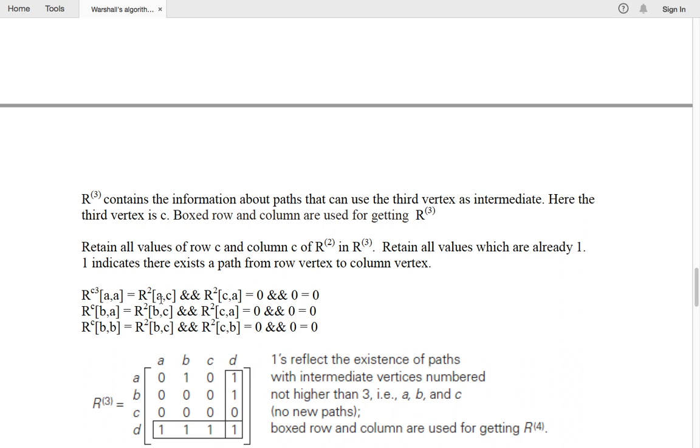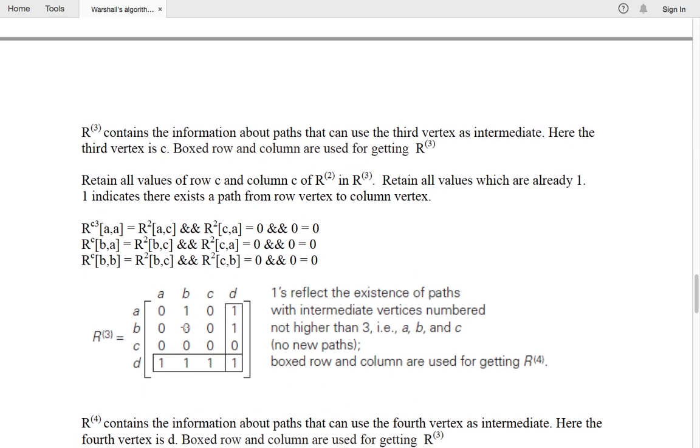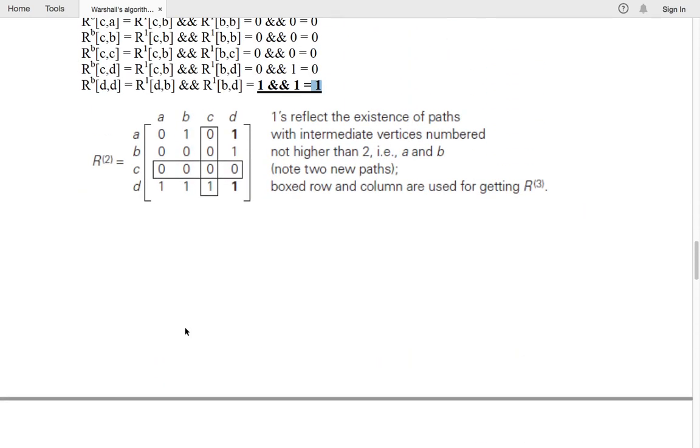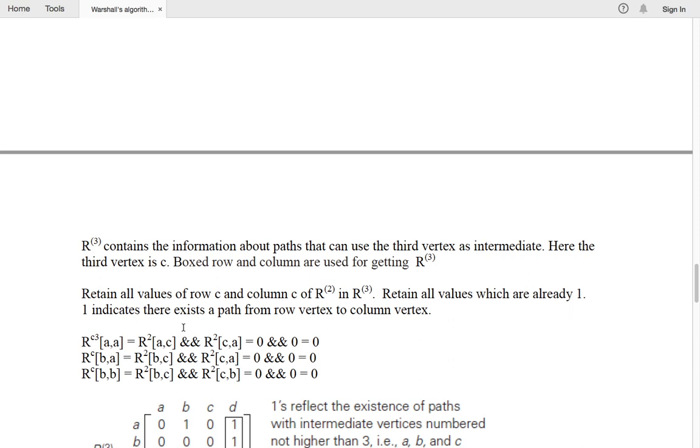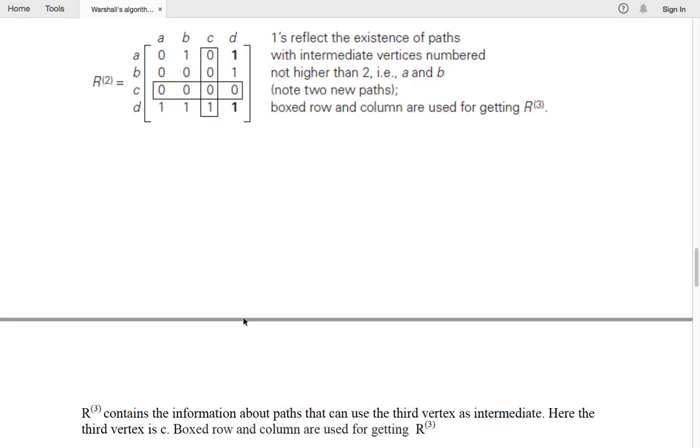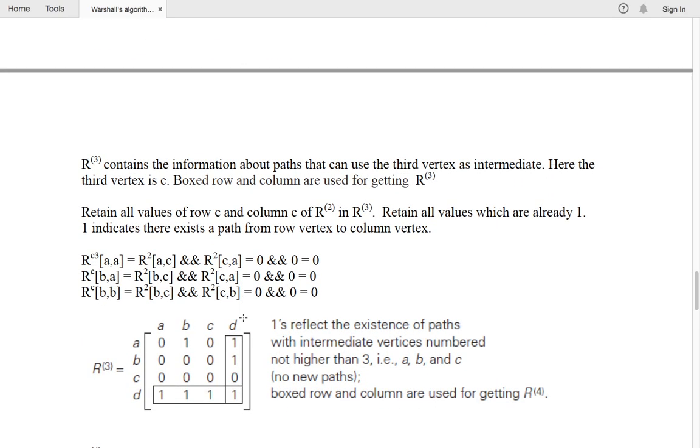So look at the previous ACCA, BA is BCCA, BB is BCCB. So all are 0, 0. So that will be retained as it is. So your R3 is same as R2 here. There is no change because I could not find a path which goes through vertex C, right? So that is what it indicates.